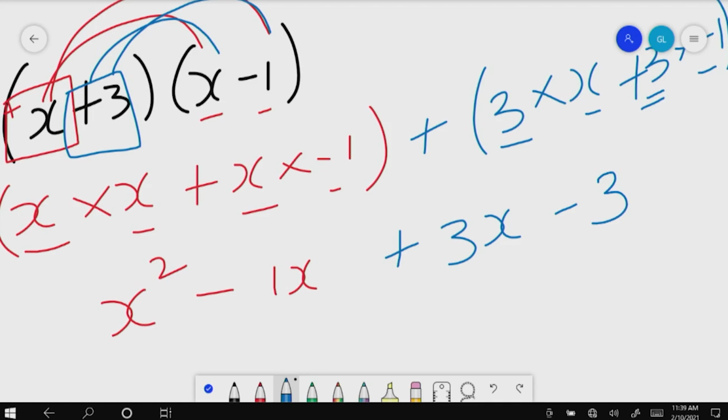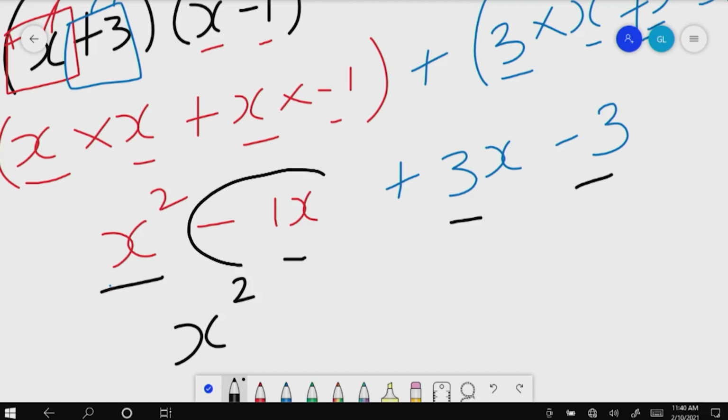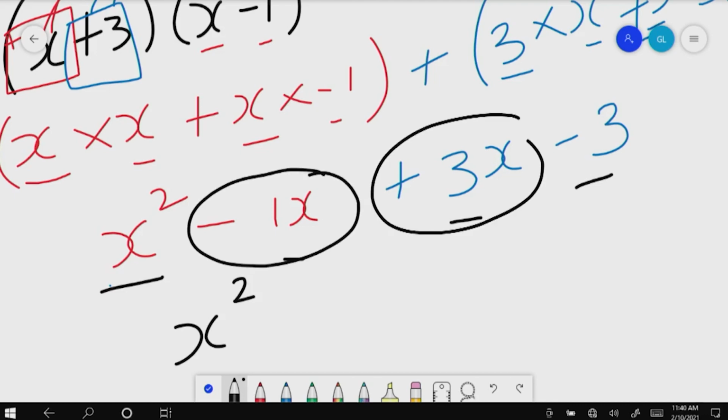Further simplifying, x squared is the only value that exists by itself, so we have an x squared term. Minus x plus 3x, the coefficient minus 1 plus 3, gave us a positive 2x, minus 3.